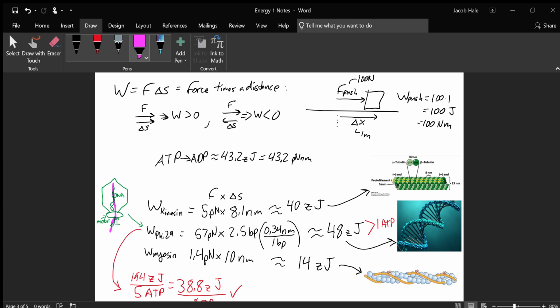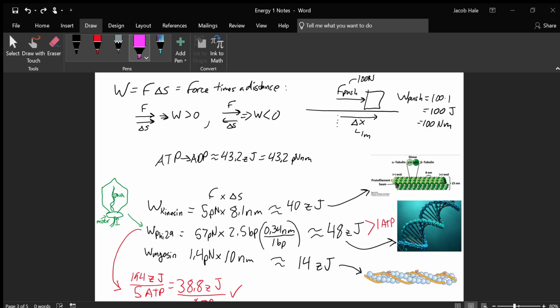Okay, now there are some really cool studies that show that each arm of the motor pulls the DNA in 2.5 BP, which is base pairs. Now, what's a base pair?